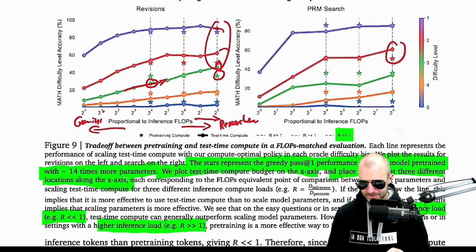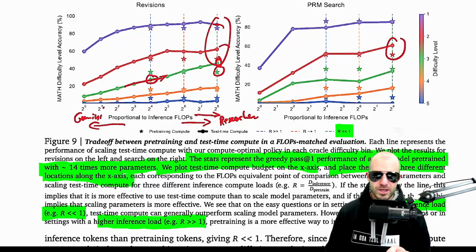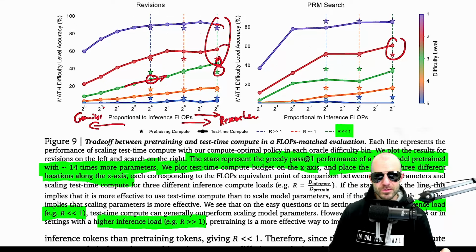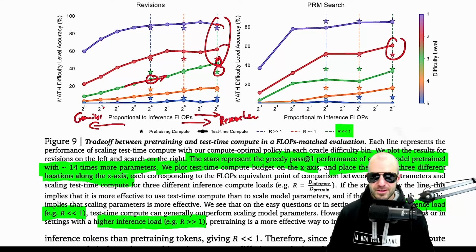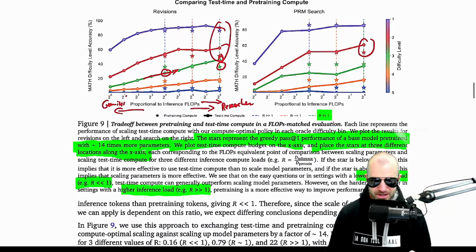So that means they can now claim that in some situations, using test time compute investments, they can actually outperform a model that's 14 times bigger just by investing more test time compute in the smaller model. And that's a pretty cool statement.